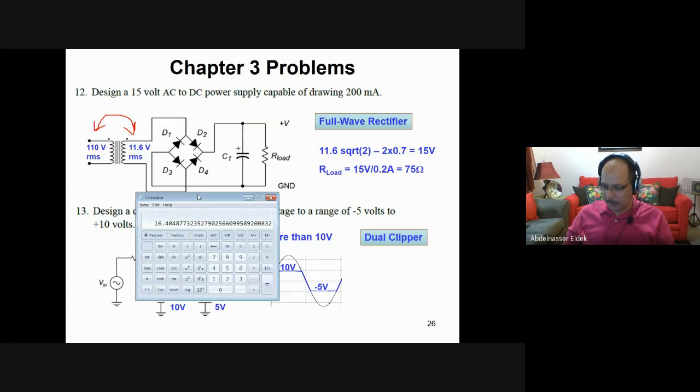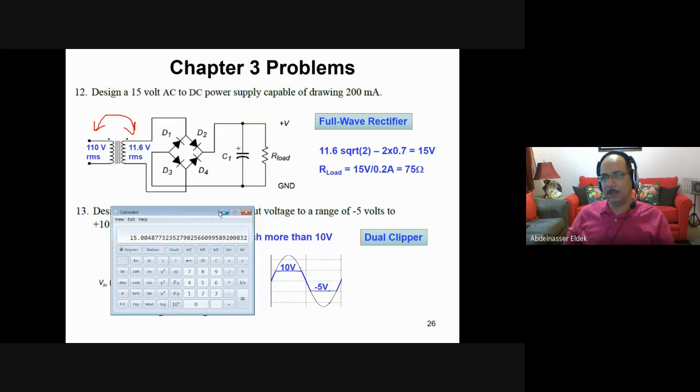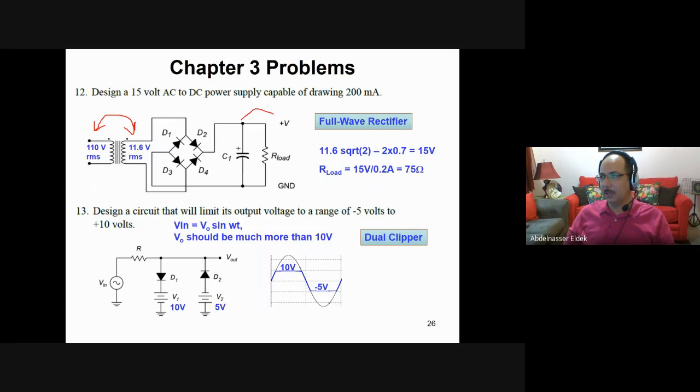Then you need to subtract 2 times 0.7, which is 1.4. So 16.4 minus 1.4, then it will be 15 volt. Then the peak of the output here will be 15 volt. This is what we have here, yes. So this is what we calculate here.